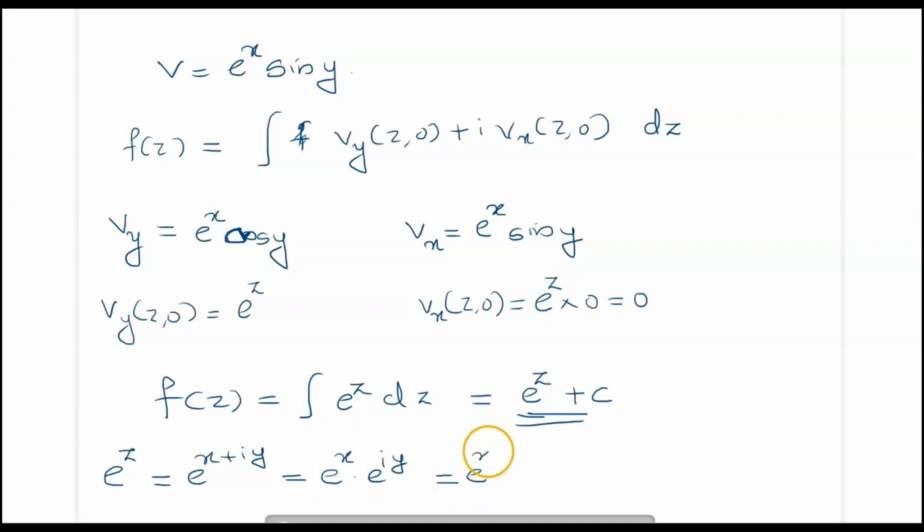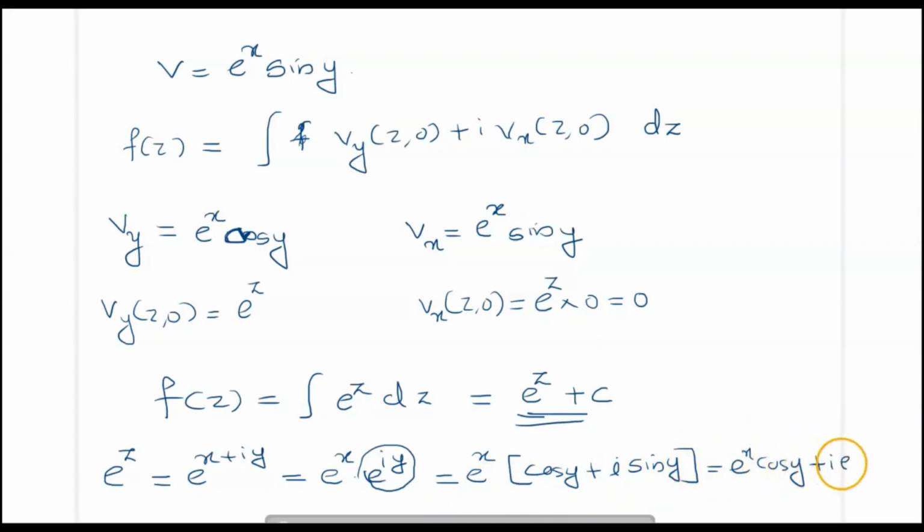And e raised to iy is cos y plus i sin y. So, e raised to x cos y plus i into e raised to x sin y.